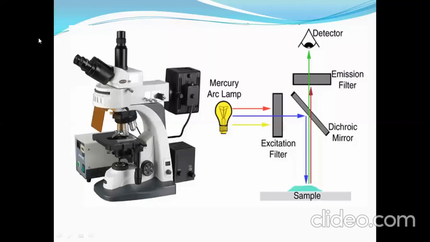So just see this picture. This is the fluorescent microscope, and you can see it is to some extent complicated. This is the ray diagram of this fluorescent microscope. You can observe this picture, and I am sure you can understand the mechanism of this fluorescence microscope.